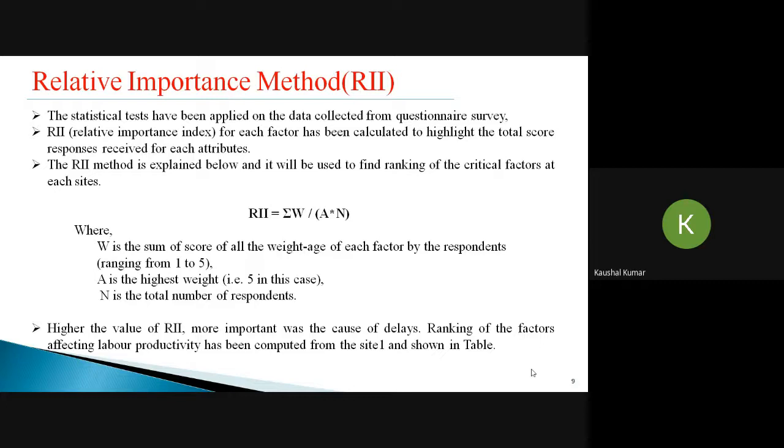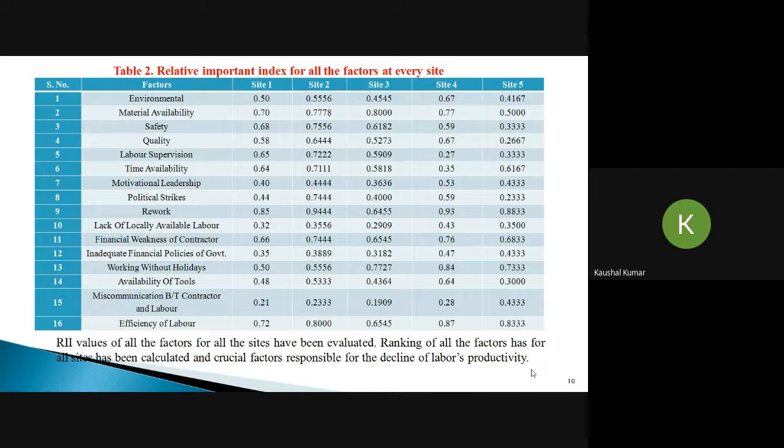N is the total number of respondents, and A is the highest weightage. Based on the RII, one can rank how a particular factor is ranked among the various factors. So for all the sites, the RII values have been calculated.